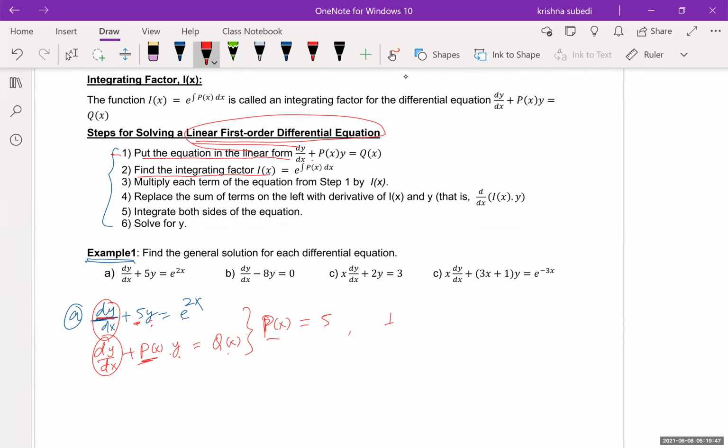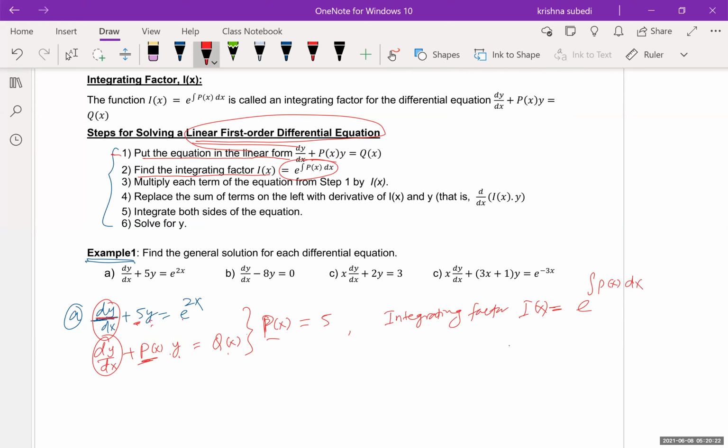Now find the integrating factor. Write IF for integrating factor, or you can simply write I. The formula is given here. You need to memorize this formula, guys. I of x is given by e raised to the power integral of P of x dx.